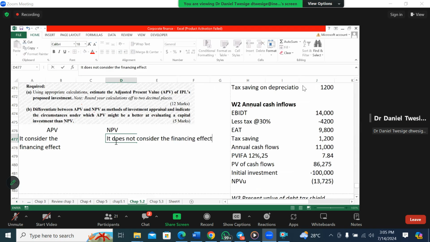Here I don't consider the financing effect. That's the main difference, but I'm seeing 5 marks are too much for this. They need like 3 points, I think. But that's the main one for me, I know that he separated these two.